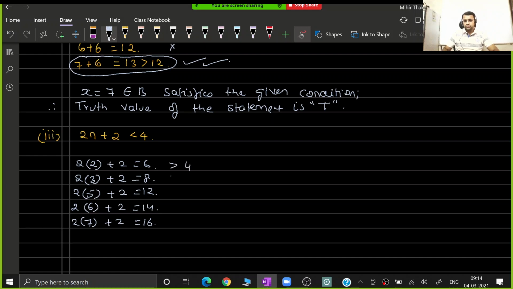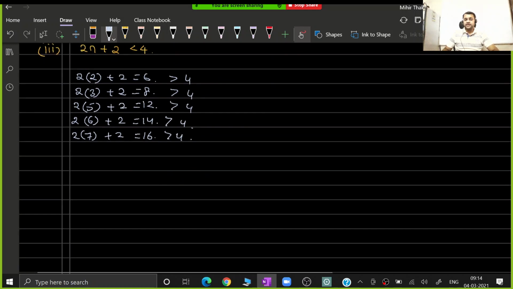All these values are greater than 4. There is no such value inside the set B which is satisfying this condition. And he has used the symbol there exists. There exists can be considered a true statement only when any one value satisfies the statement. But here there is no value which is lesser than 4.